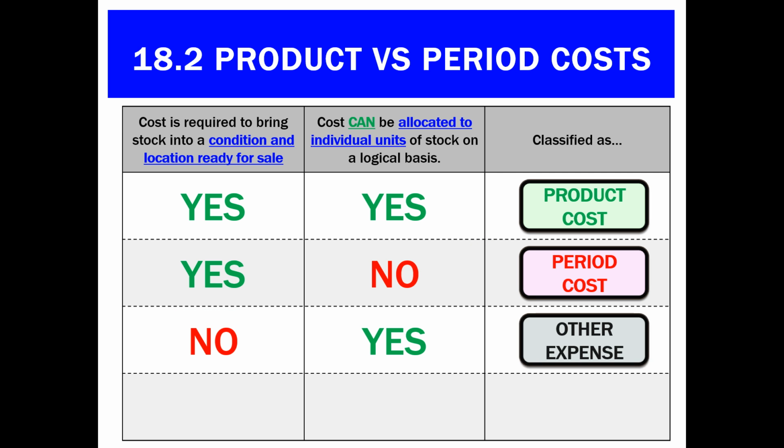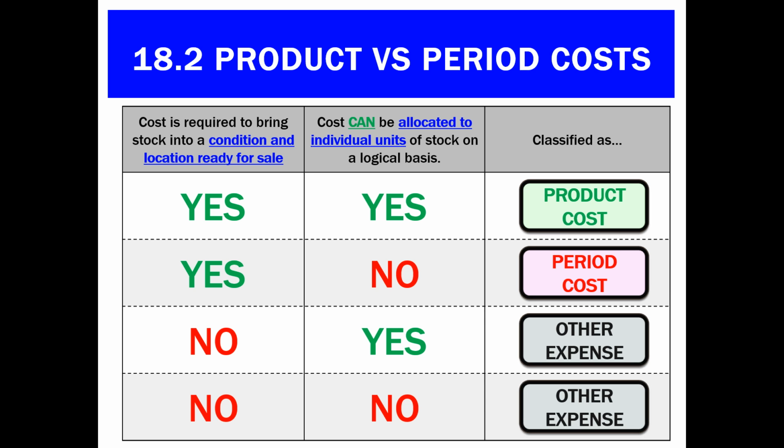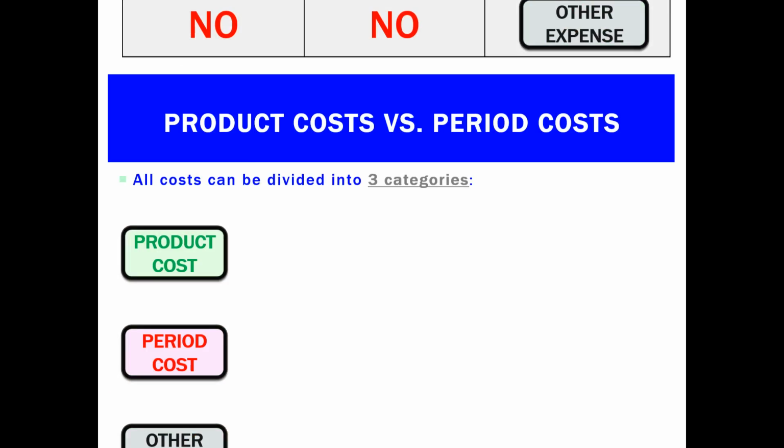That's going to have to be another expense. What about if we've got a cost that isn't required to get stock ready for sale and it can't be allocated to each unit? Again, as soon as we see a no in the first column, that's going to have to make it another expense. So for every cost you get from now on, you just want to put it in this matrix or this table, and that'll help you classify each one.